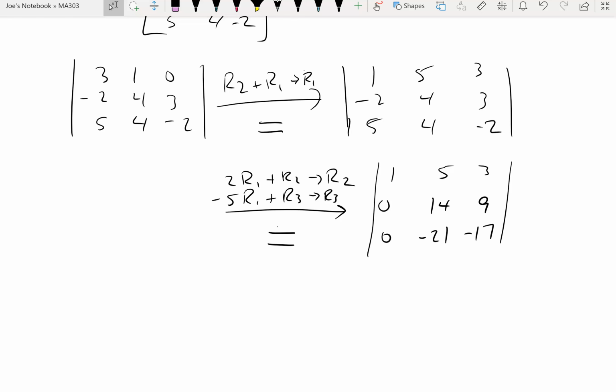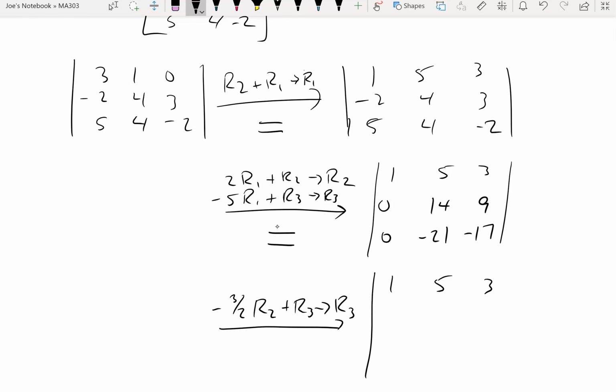So I look at these two numbers. If I multiply this one by 3/2 and add, it'll make that a 0 below it, won't it? And then again, it won't change the determinant at all. So why don't I just do that to save me a little bit of work? Do -3/2 row 2, add to row 3, replace row 3.